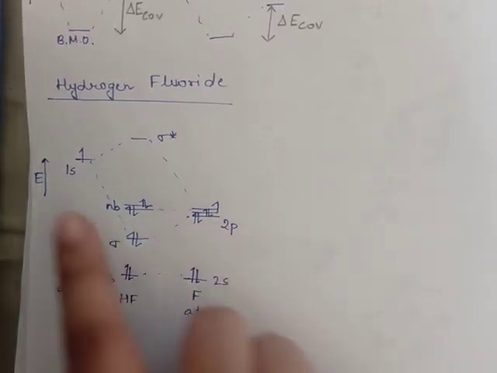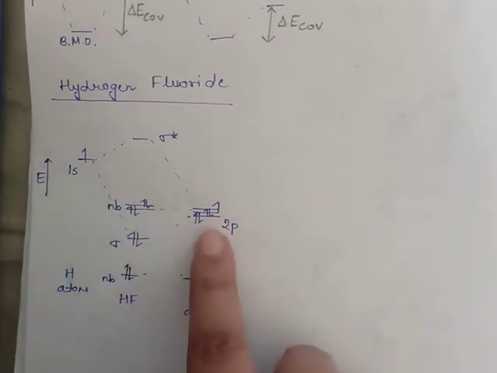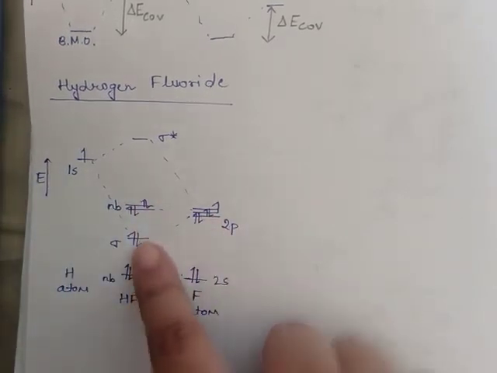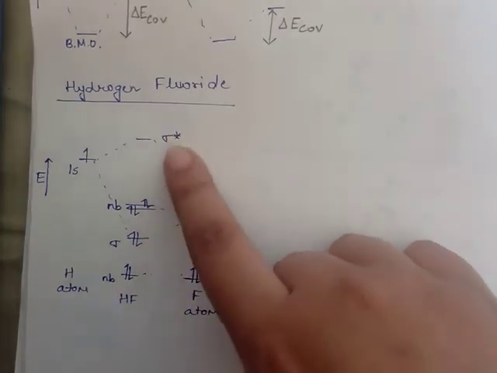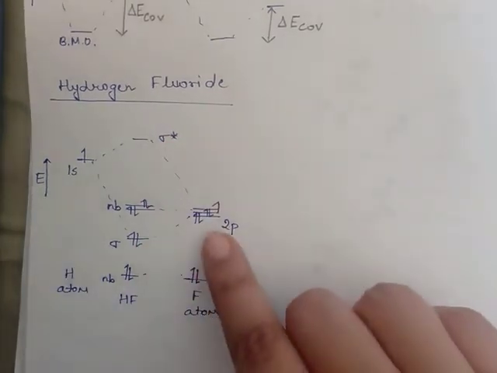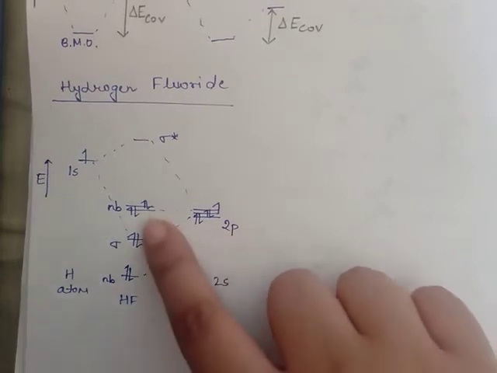So that has been represented here. See, the 1s has undergone overlap with the 2pz to form one bonding molecular orbital and one antibonding molecular orbital, while the 2px and 2py have remained as non-bonding molecular orbitals.